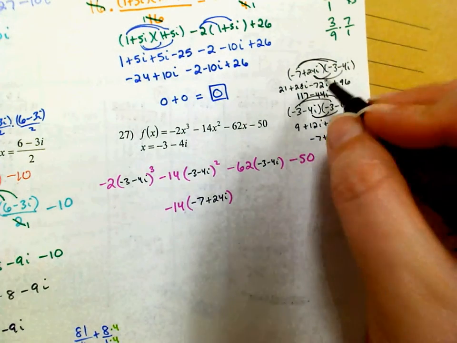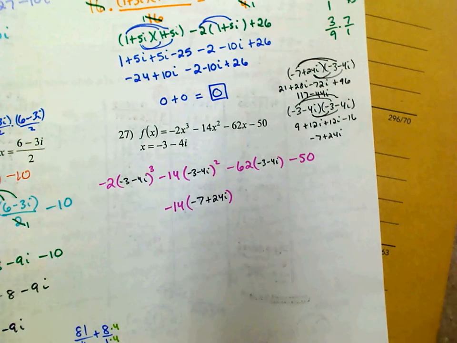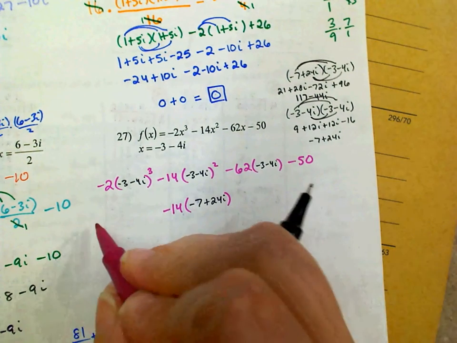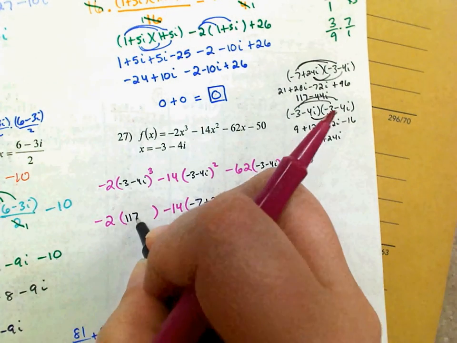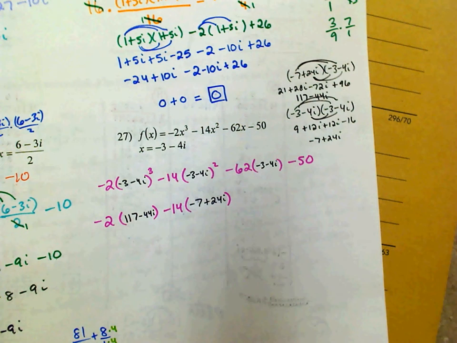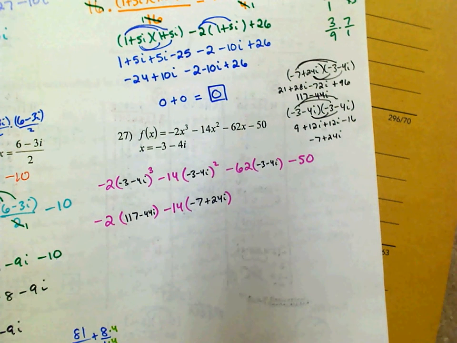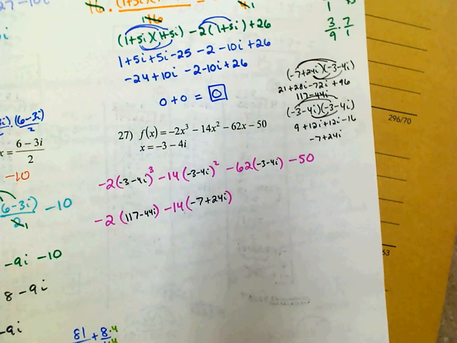So I know I've got negative 2 times 117 minus 44i. And at this point, it is about simplifying. I'll go ahead and just rewrite this, and then I'll write it all out in just a second.